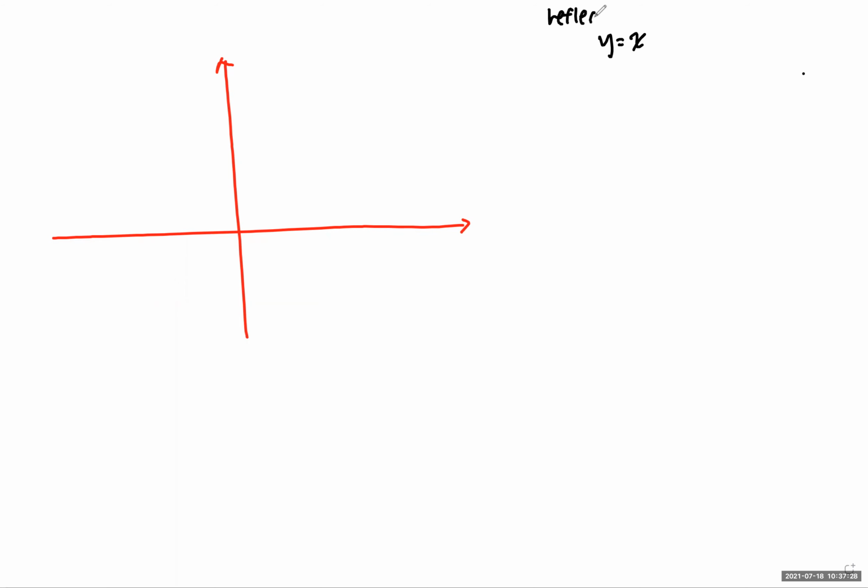Now the last type, okay, is this one. What is this line? This line is called y equal to x. Before I tell you what the y equal to x line looks like, I want you all to draw it and show me. Let's see whether you all know what the y equal to x line looks like. Draw it on your notes and show it to me.